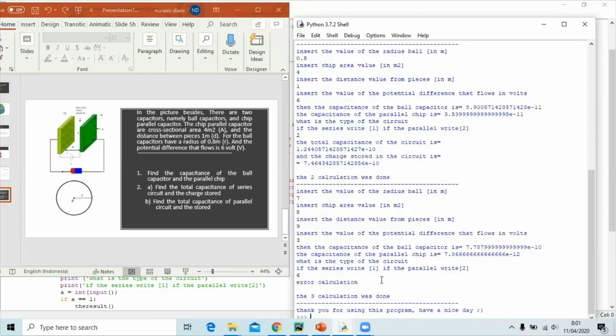So this is just 2 choices for the program, just 1 or 2. If I put here 6, the program says error calculation, and the third calculation was done.